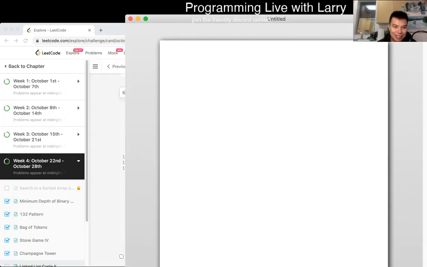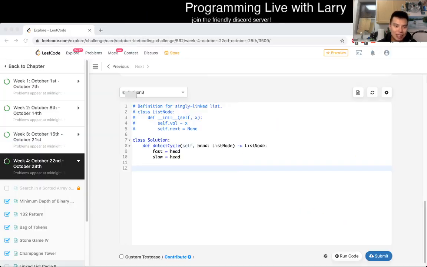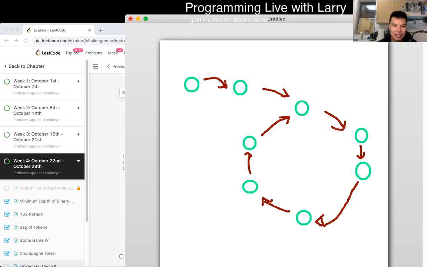Basically you have some nodes, and some pointers that connect the nodes. These are terrible arrows, but let's just say this one, right? And what I was saying is, let's say the slow pointer just entered the loop.